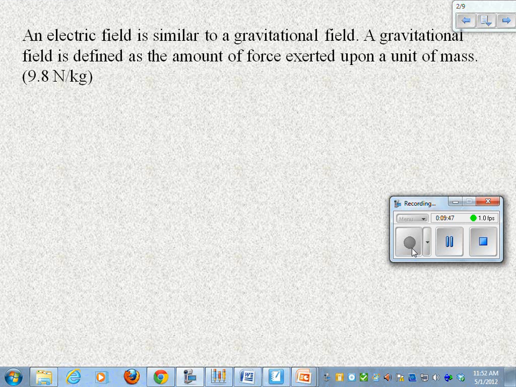Electrics can go both ways. Gravity can only pull. That's both. Does anybody else want to jot that down? I will. That's one of the major differences.